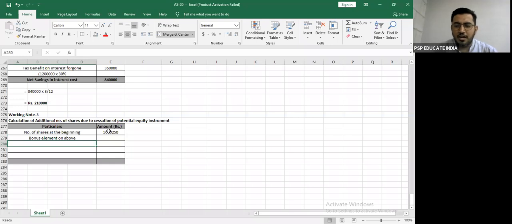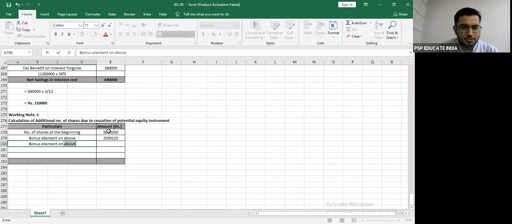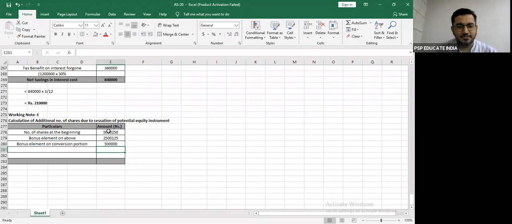Quickly, everyone on the chat box, bonus element on the above is how much? You have 25,00125. Okay. Bonus element on conversion portion. We calculated this earlier. What's your bonus element on conversion portion? 5 lakhs.